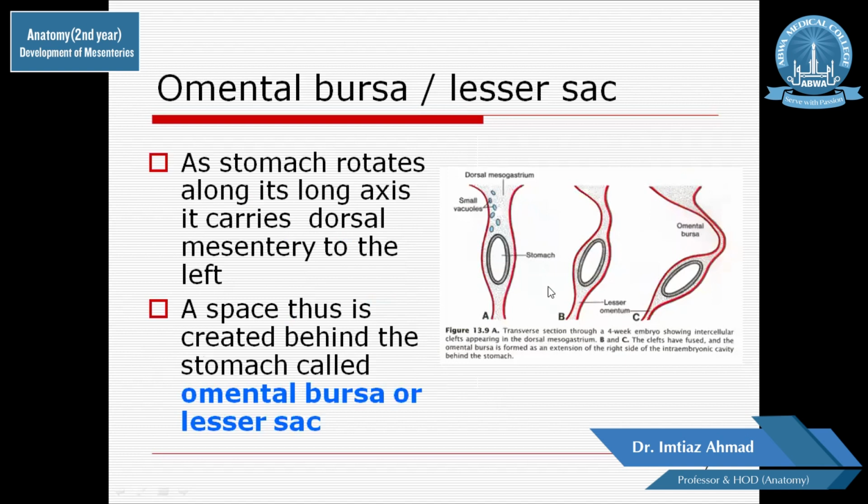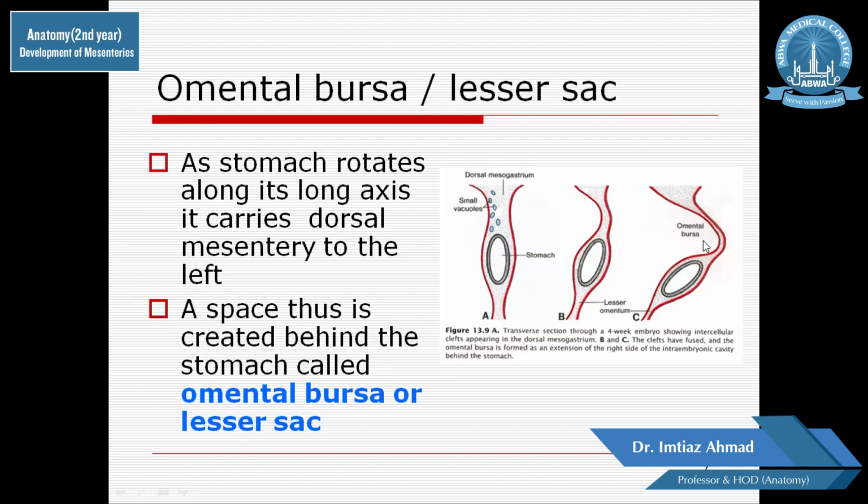You know, behind the stomach, there is a small space known as the lesser sac or omental bursa. How is it formed? The stomach rotates along its long axis while it's developing. When it rotates along the long axis, it will carry the dorsal mesentery towards the left.